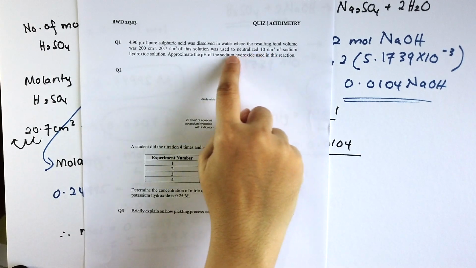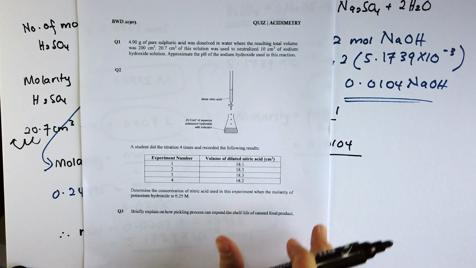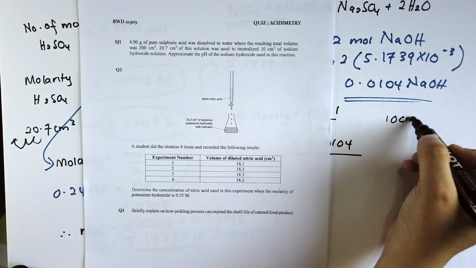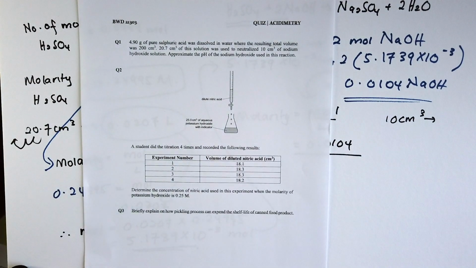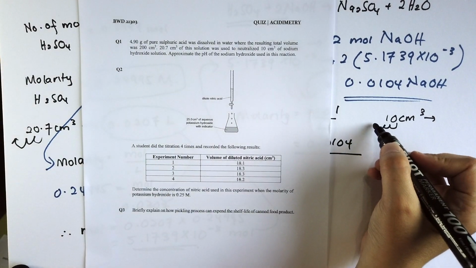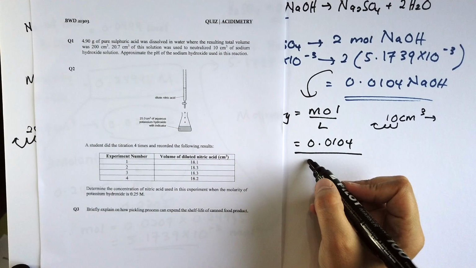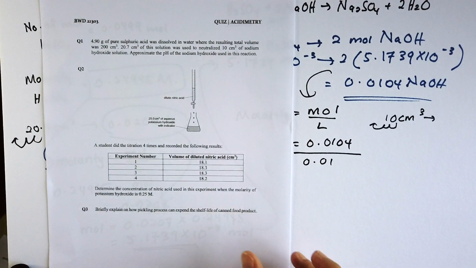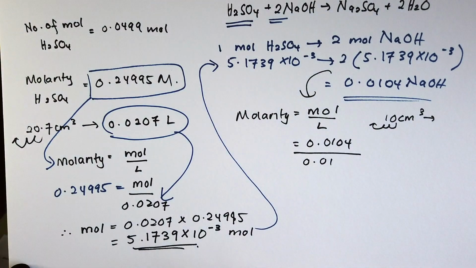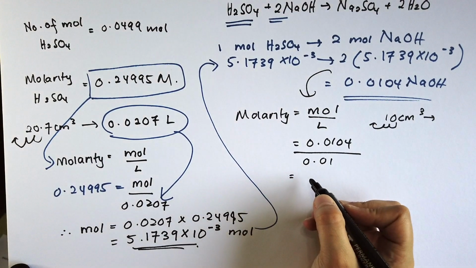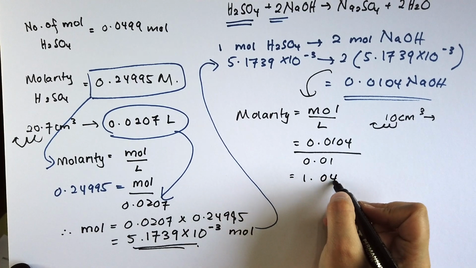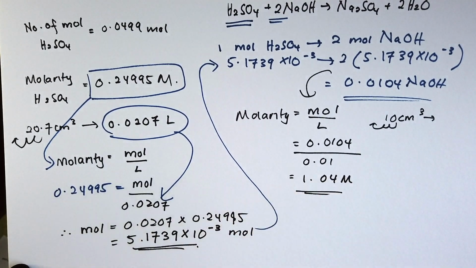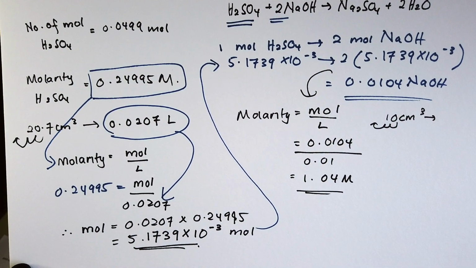So to neutralize 10 centimeter cube, still you need to convert it to liter. So just divide by 1000, 0.01. So you should get the molarity for sodium hydroxide in this equation equivalent to 1.04 molar.